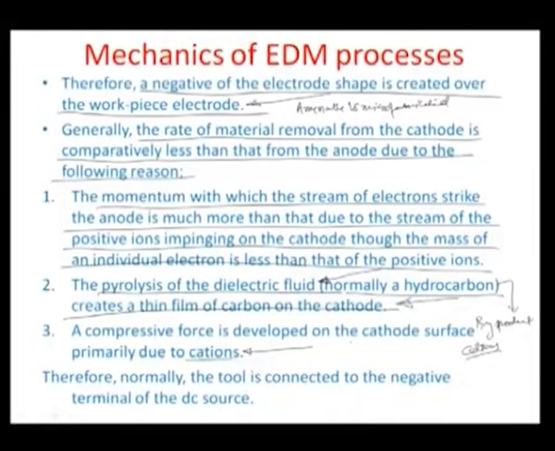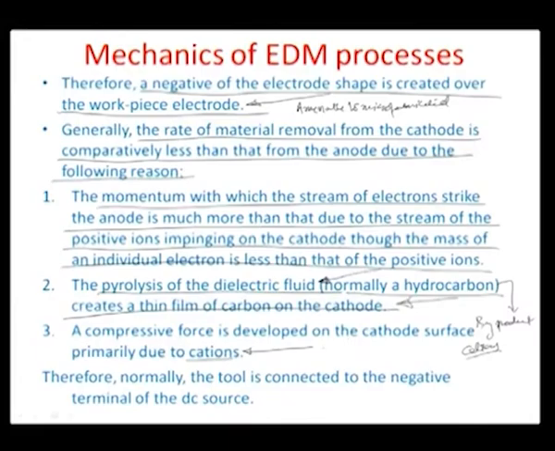That pressure incidentally is not very high on the anode surface because the electrons themselves are very light in weight. An electron weighs approximately 9.1 times 10 to the power of minus 31 kg. So, the compressive forces because of the cations are much more, thus creating pressure and less chance of diffusion of the melt, which is not true in the case of anions.